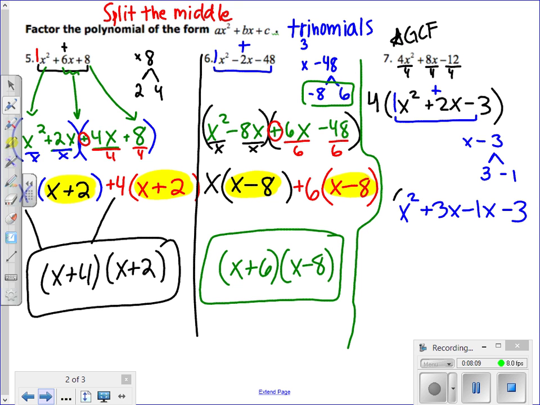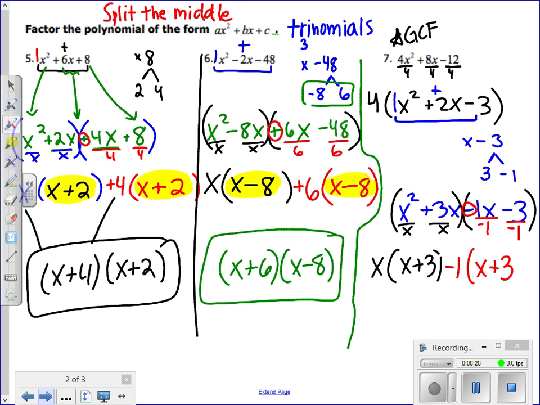When I look for a GCF for these groups, I have x for the first one, which leaves me with x plus 3. And because this term here is negative, my GCF is negative 1, which gives me, again, x plus 3. Negative 3 divided by a negative is a positive.